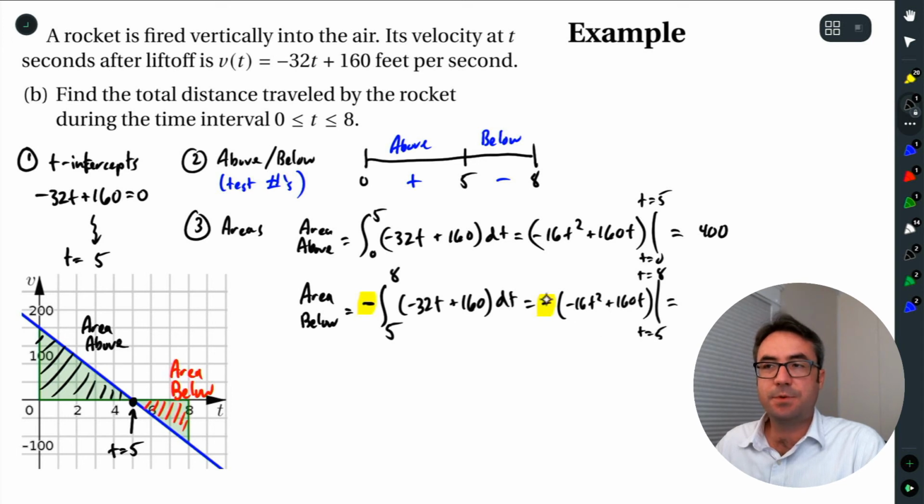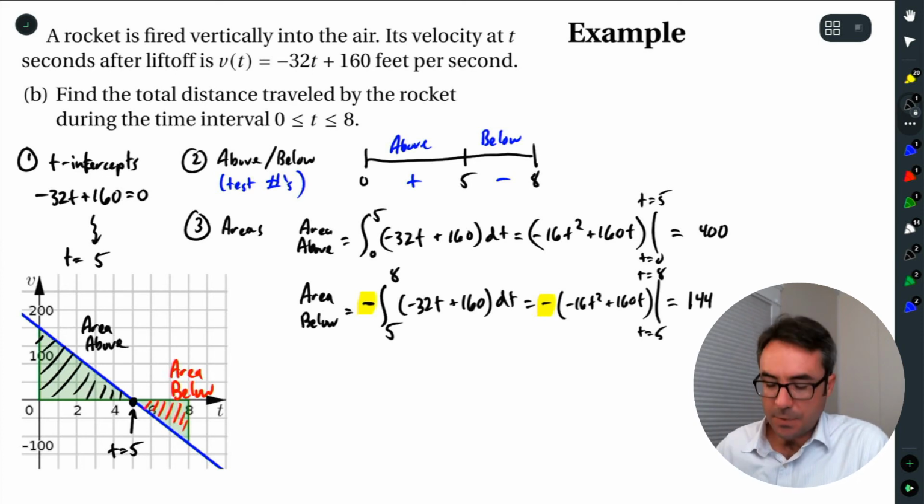You might want to distribute the negative here, just to make the evaluation go a little bit easier. So you'd plug the 8 in first, then plug the 5 in next and subtract. If you do that, you end up with 144. I won't go through all the little simplifying there. So the area for this shaded region is 144.